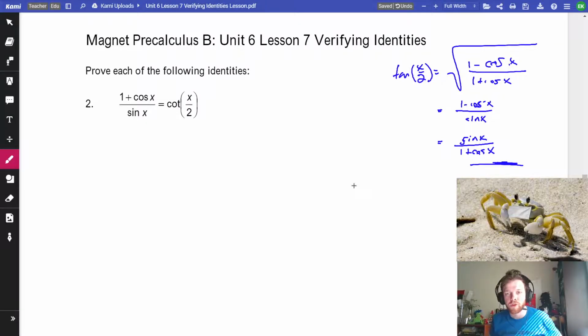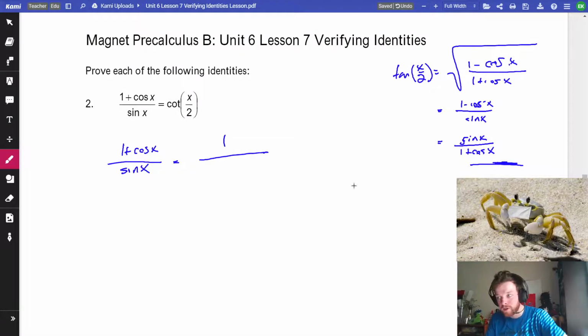And I think that third one is the one I'm going to use here, because that is the reciprocal of what I've been given. 1 plus cosine x over sine x is equal to 1 over sine x over 1 plus cosine x.